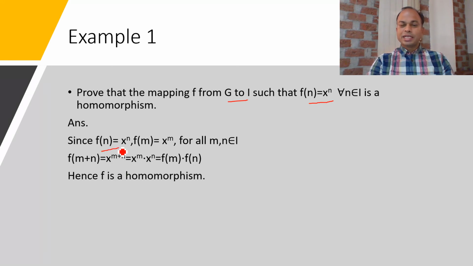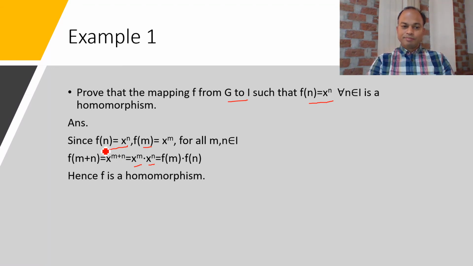Say we are computing f(n). f(n) is x^n, and we are computing f(m). f(m) equals x raised to the power m. Then we are able to write f(m+n) equals x raised to the power m+n. If we simplify, x raised to the power m is f(m) and x raised to the power n is f(n).